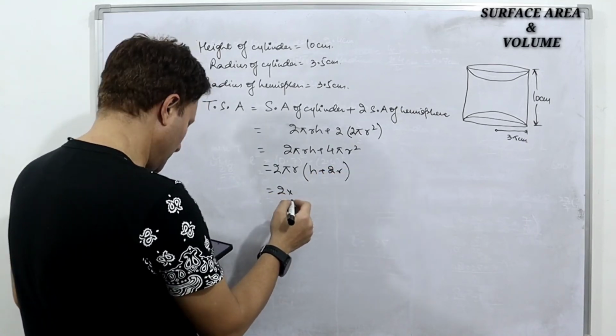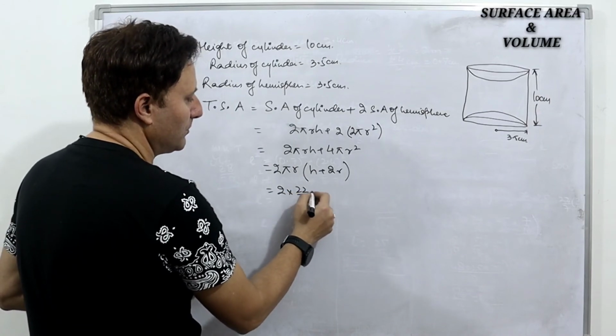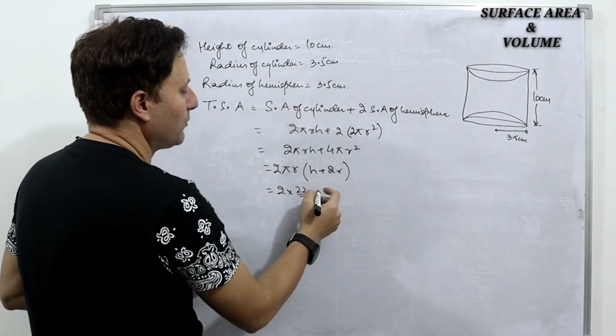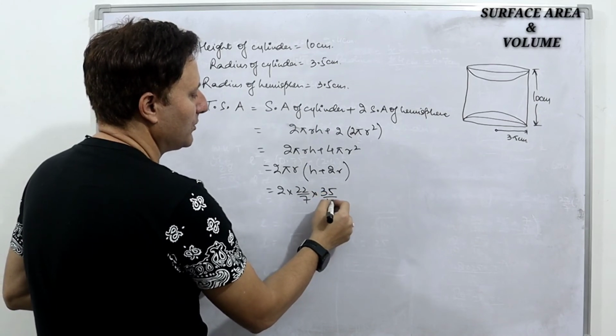Yes, we can take pi as 22 upon 7. Radius is 3.5, so let's take 35 upon 10.